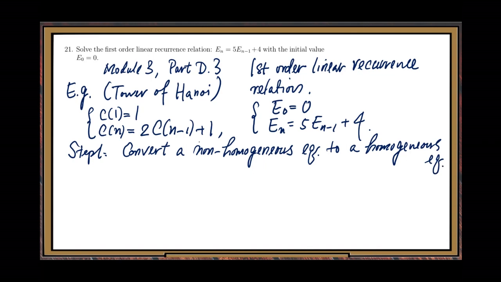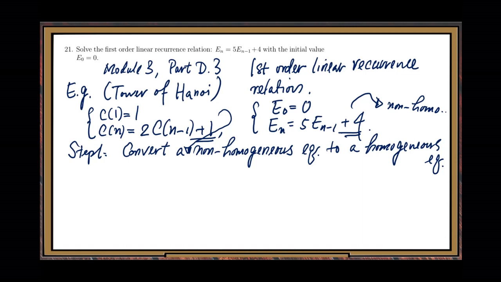This term, plus 1, makes it non-homogeneous. Plus 4, non-homogeneous. The question is, after we do some variable substitution, for our new homogeneous equation, the constant part is gone.